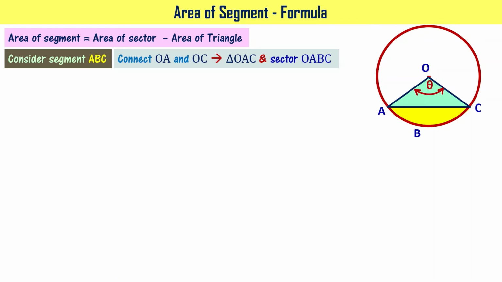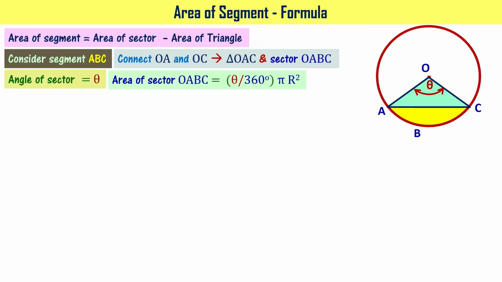As you see here, angle of sector is theta degrees, right? And area of sector OABC can be written as theta divided by 360 degrees times pi r square. We have derived this formula just now, right? To find the area of segment, what is missing is area of triangle OAC, right? Let's find area of triangle OAC now.